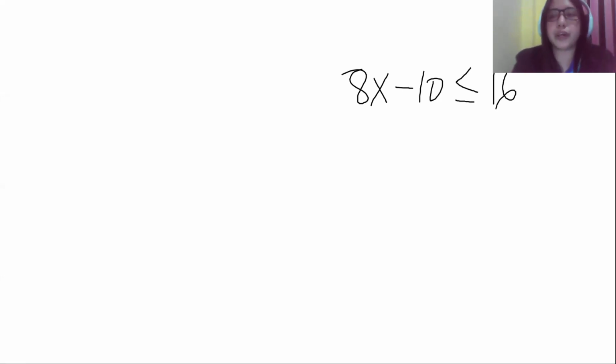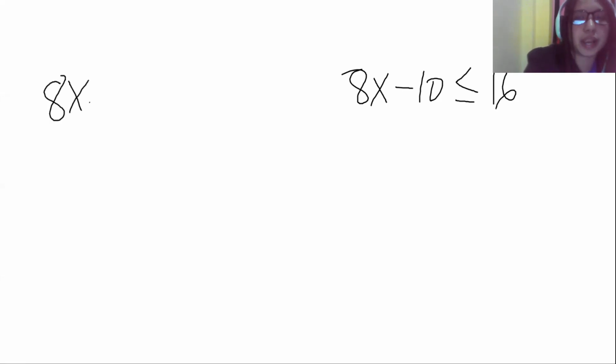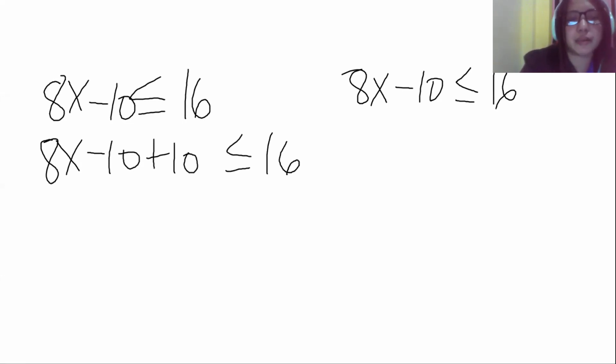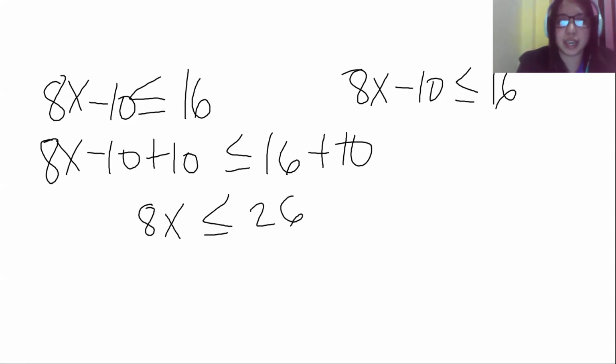So how are we going to solve this? We are going to solve for the value of x. We have 8x minus 10 less than or equal to 16. To remove 10, by the addition property of inequality, we add 10 to both sides. Negative 10 plus 10 is 0, so what is left is 8x less than or equal to 26.